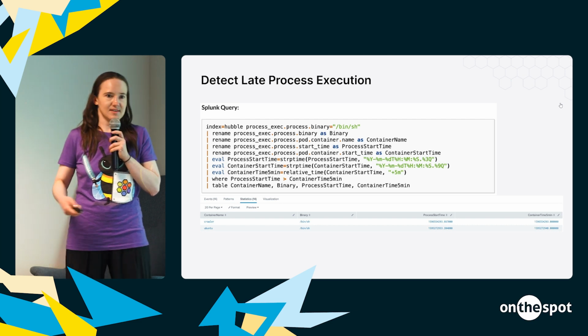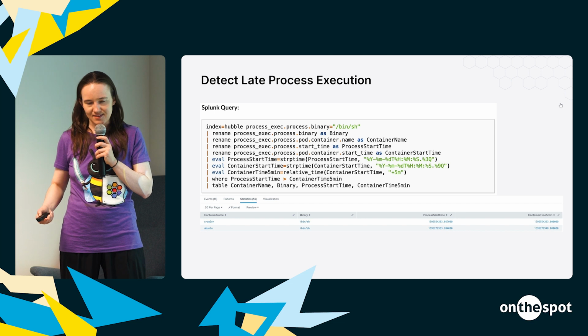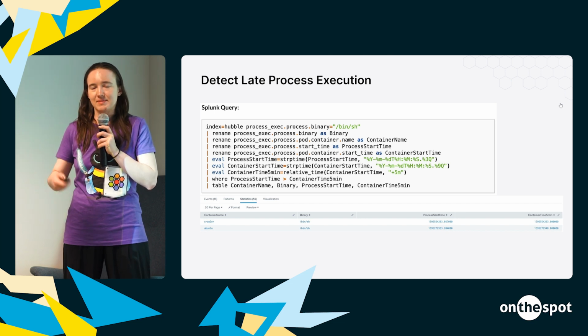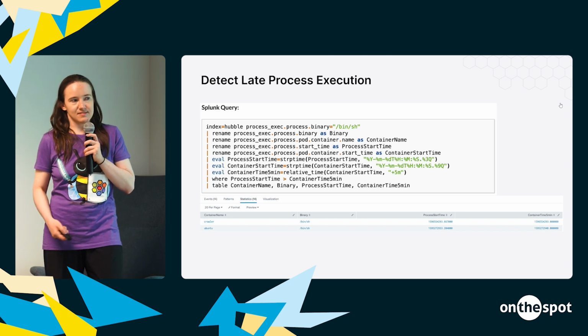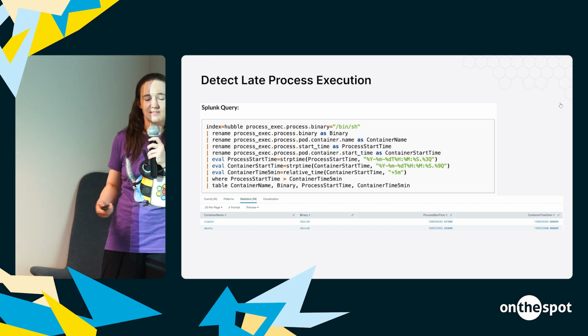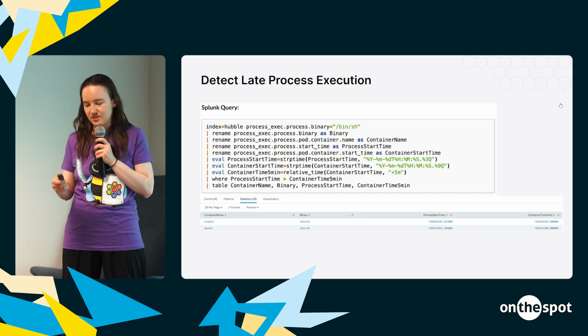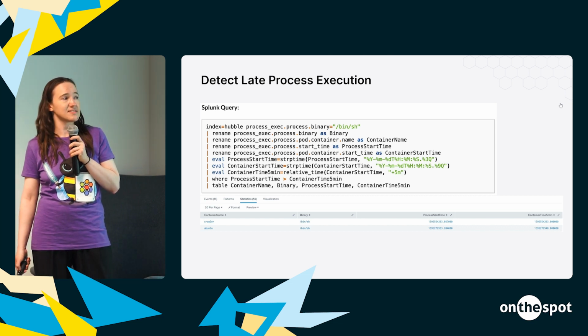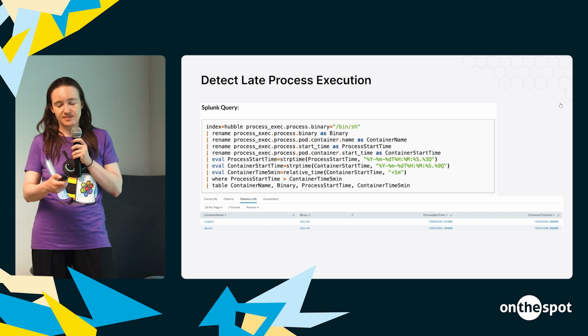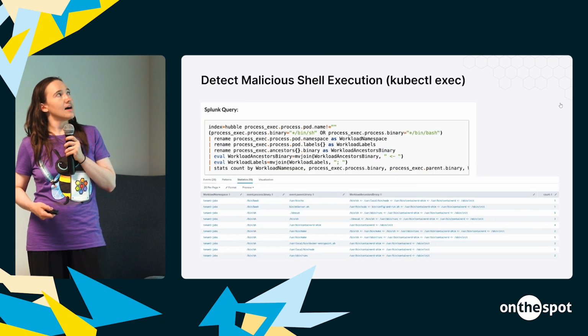Sometimes what happens is that after an hour or so, something extra starts, some extra process in the pod. And this might be expected, but very often this is unexpected. This means that something went wrong, or the pod was attacked. So we can also use the process start time stored in Tetragon events to detect this.